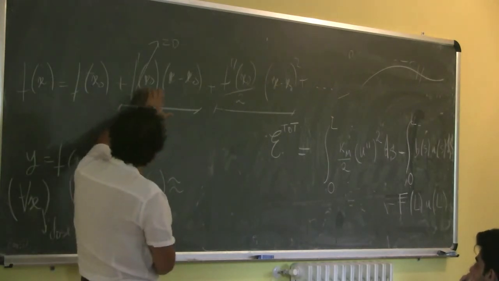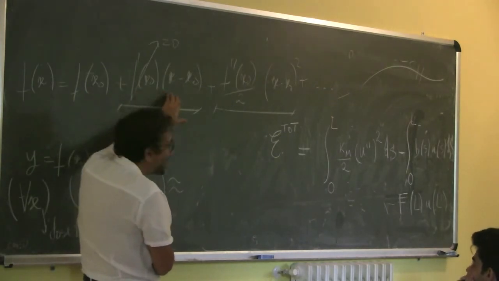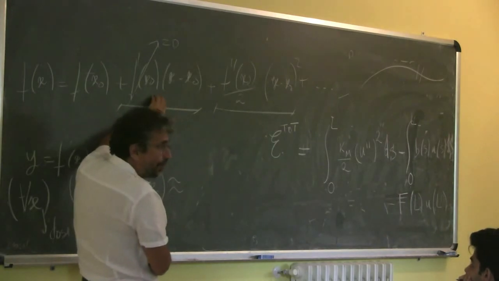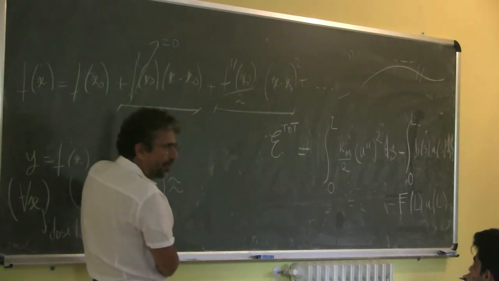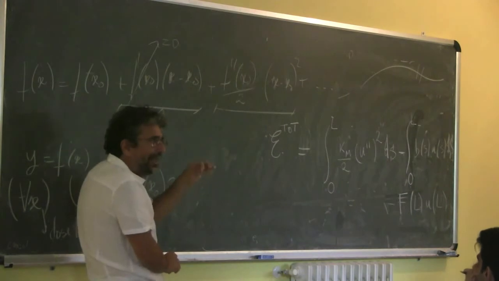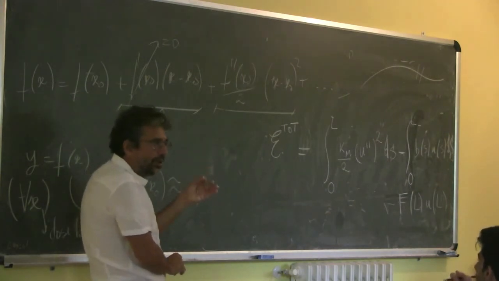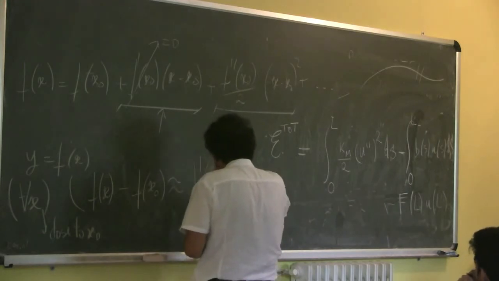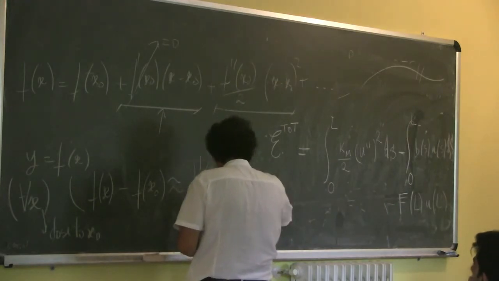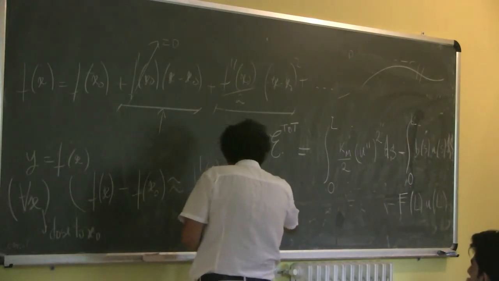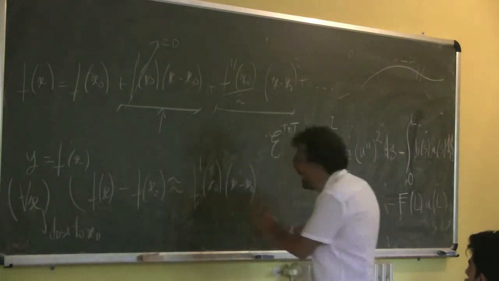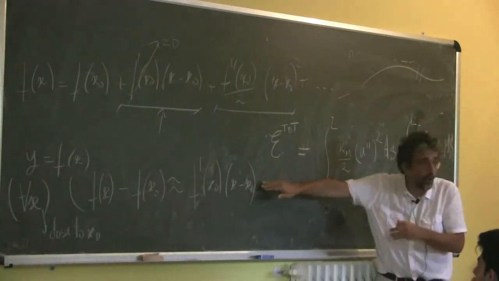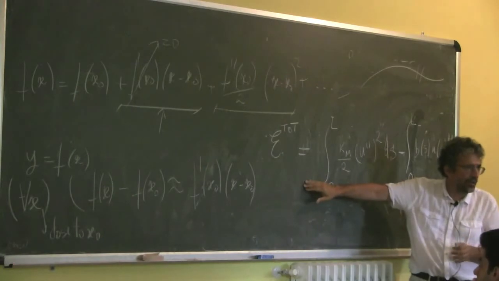Because this is the best linear approximation of this increment, which is valid when x is close to x0. So this linearization of the increment is obtained neglecting all other terms in the Taylor expansion.